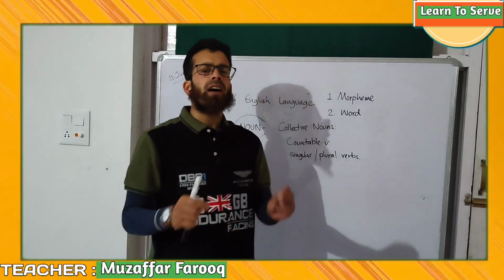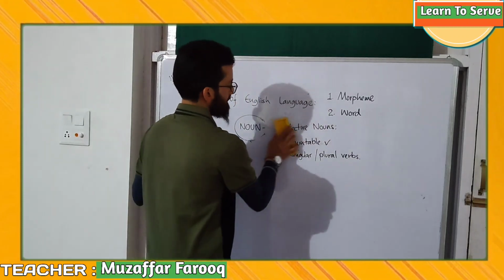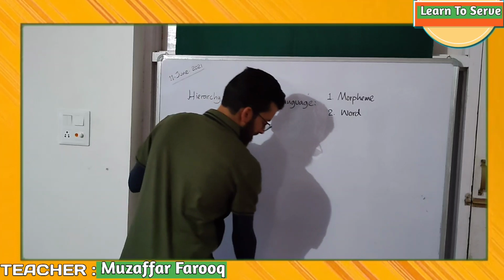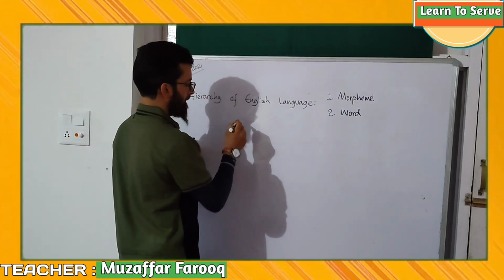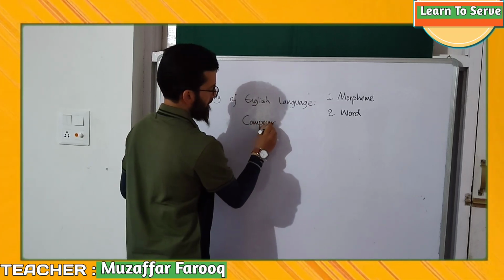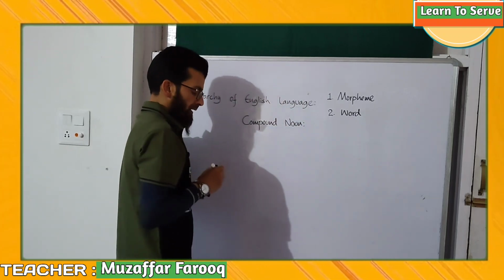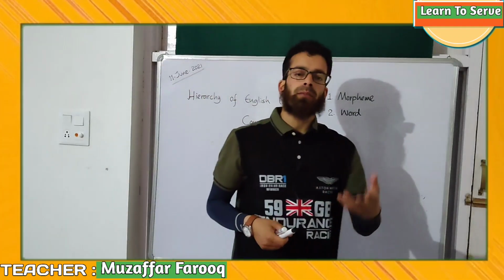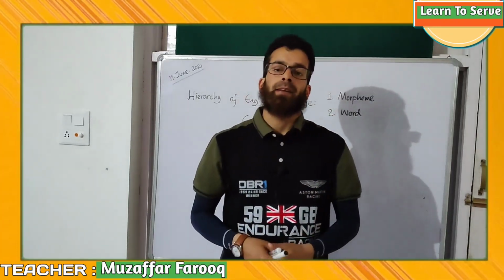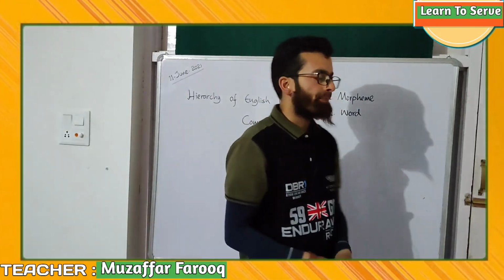Now, in the last, we have compound nouns. As I told you in the beginning, compound nouns are those nouns which are comprised of two or more than two words. These are known as compound nouns.